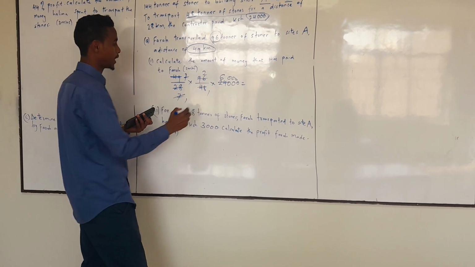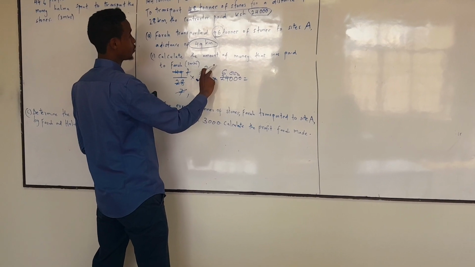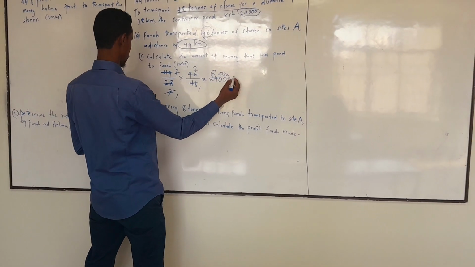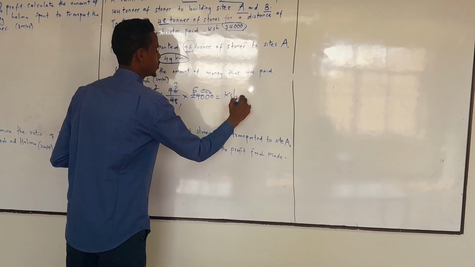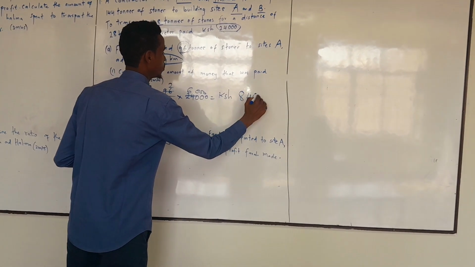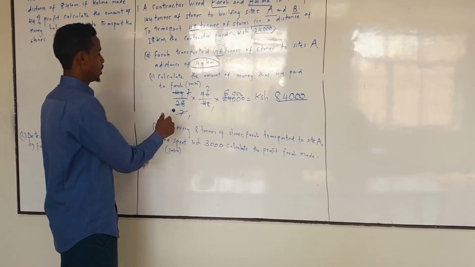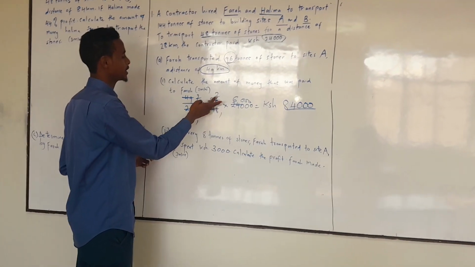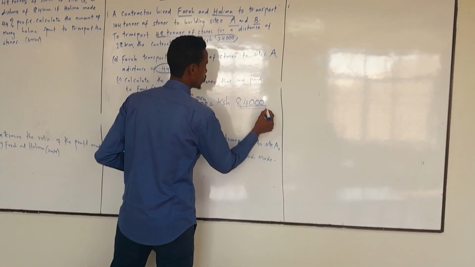Now if we multiply across, that is 7 times 2 times 6,000, we are going to get cash 84,000.